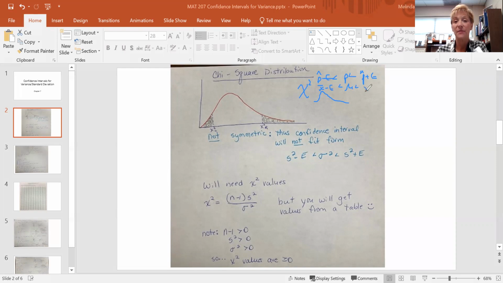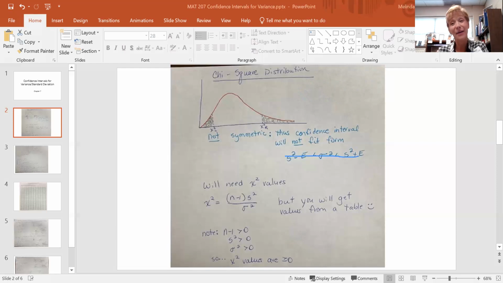And then you took that sample average and added a little bit of error. The reason you could do that is because that normal distribution curve was symmetric. Taking a little bit off the left and the same off the right works when it's symmetric. Well, this one's not symmetric. So that's why when you get to your formula in a minute, it is not going to look like that.